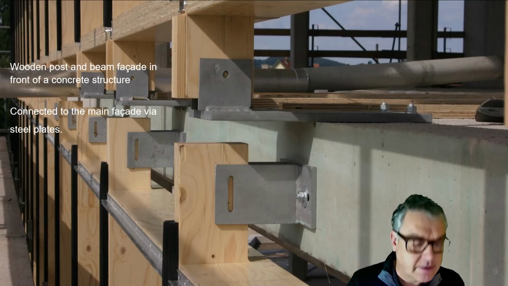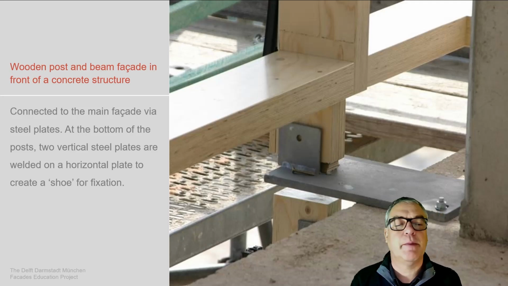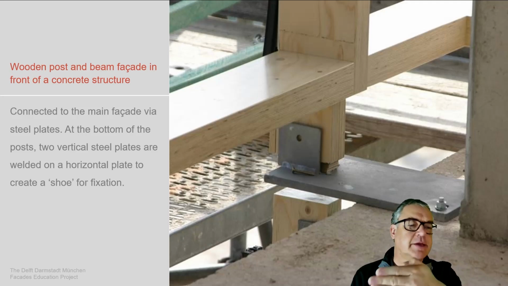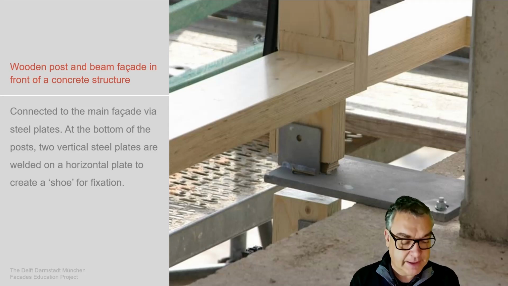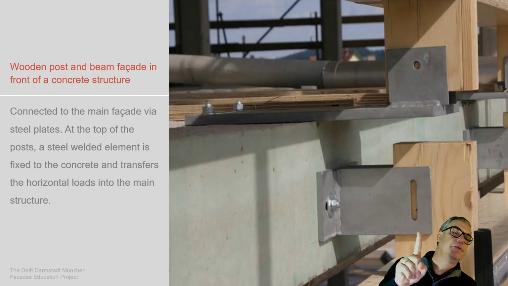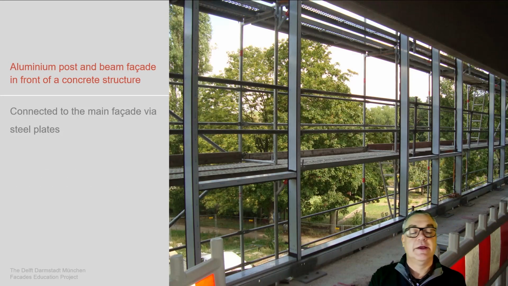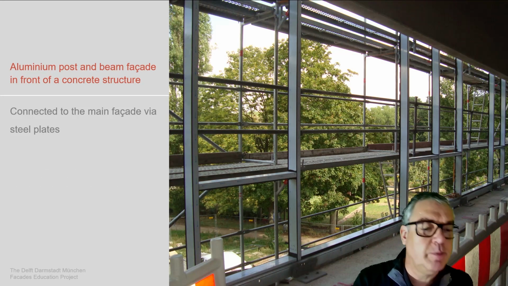In this case, the frequently used wood system. What we see is the horizontal bracket fixed on top of the concrete to allow the stick to be positioned correctly. And here we see the bottom part, where the bracket is positioned with the long borehole to allow movement, and then the stick system being brought in position as well. The same can happen with aluminium systems.